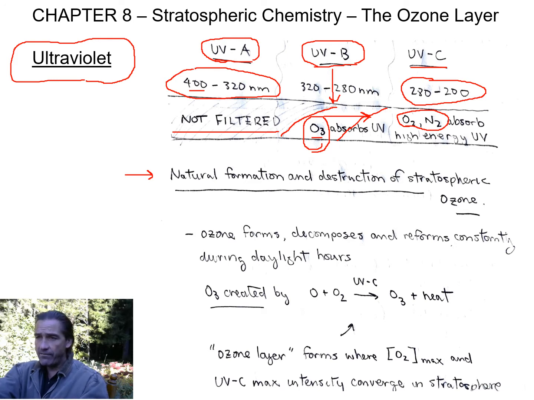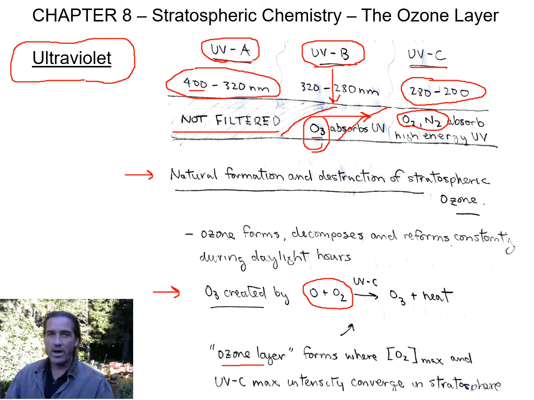Generation of ozone up in the stratosphere is the reaction of oxygen atoms and oxygen gas to form ozone and create heat. You remember the temperature profile of the atmosphere. This reaction occurs where we get a nice sweet spot of oxygen concentration and still enough UVC to cause this reaction to occur.